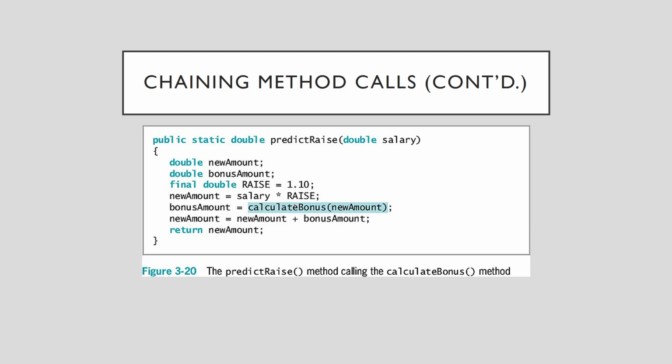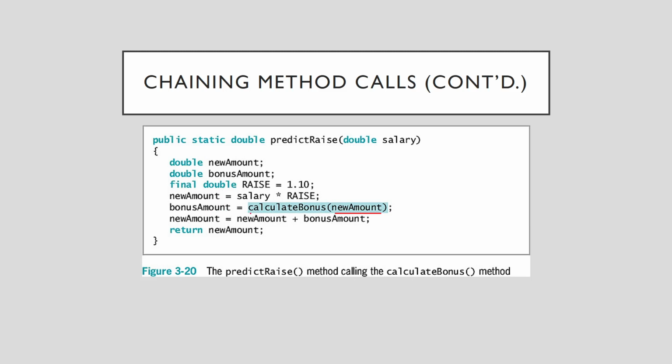And here, the method call calculate bonus with one argument of type double allows bonus amount to hold the value being returned for this method. Meaning, we have a local variable bonus amount, which is also of type double, that will hold the value being returned from the method calculate bonus.